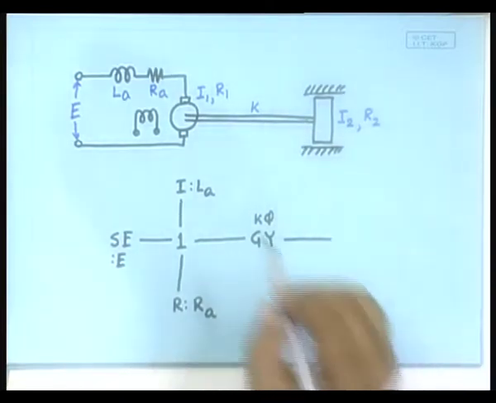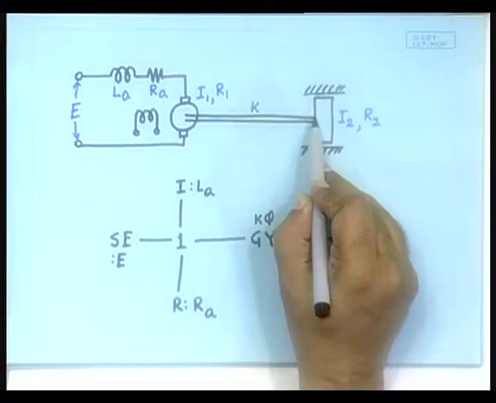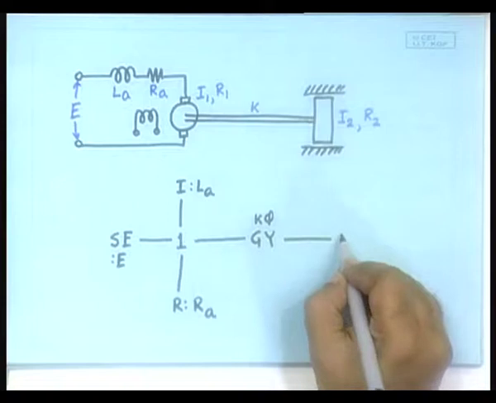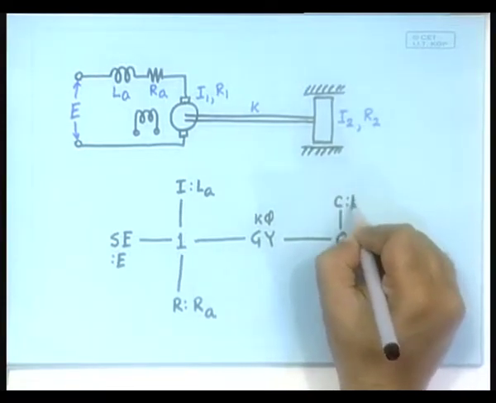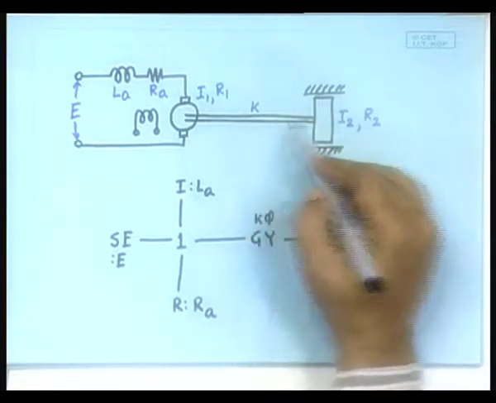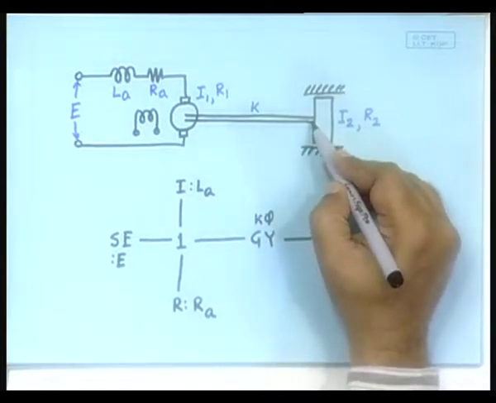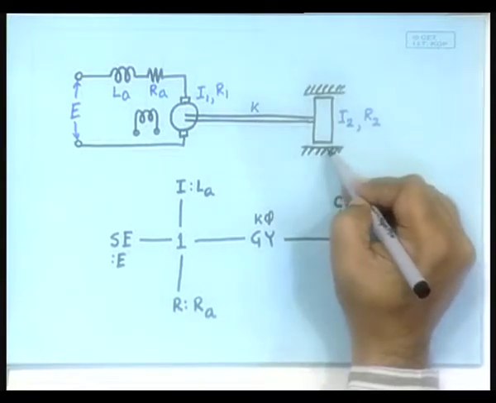Okay. So, we have come to this side. In this side what do we have? This point and that point share the same effort. So, it is a 0 junction to which we will connect a C element which is our K. Now, that is connected, this side is sharing the same flow with this mass and the frictional element.